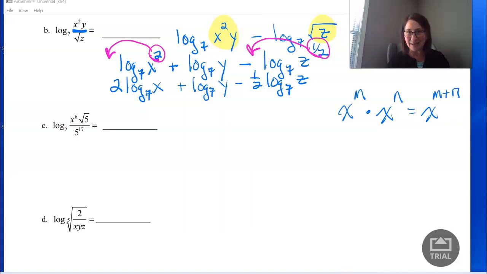That's exactly why we're adding them here. When you have like bases set up in a quotient, you don't truly divide the m and the n, you actually subtract them.